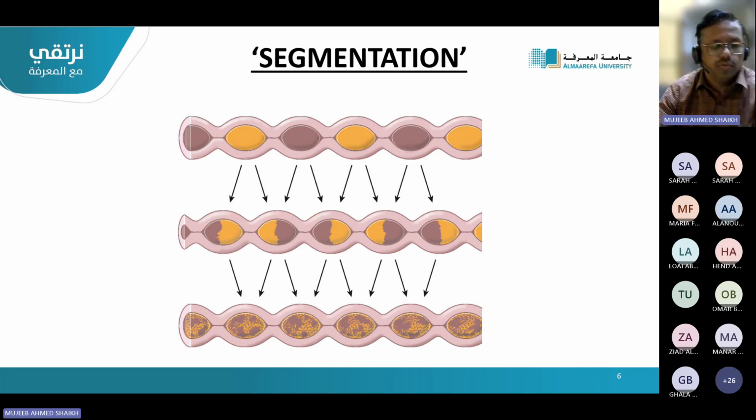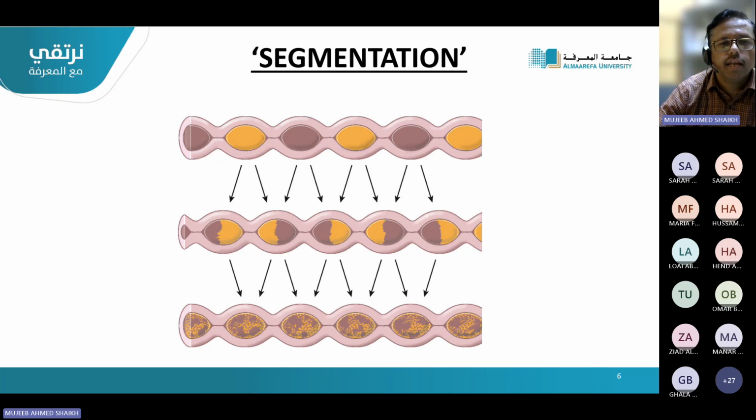So one area, second area, third area, fourth area. Why is it divided? It is divided because of contraction of the smooth muscles, here and here. Can you see the pointer? Here is the contraction. Second contraction is here. Third contraction is here. Fourth contraction is here.